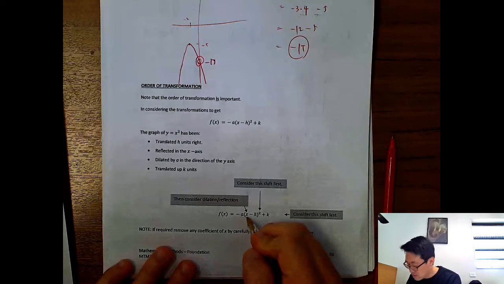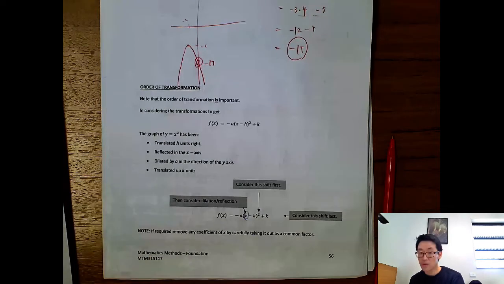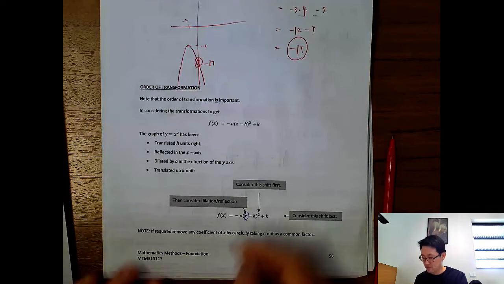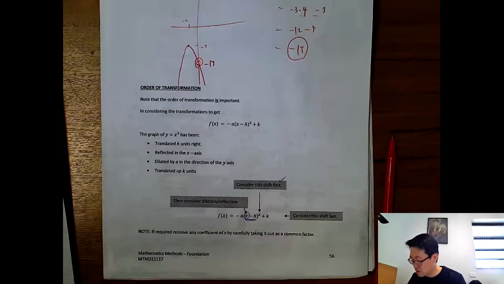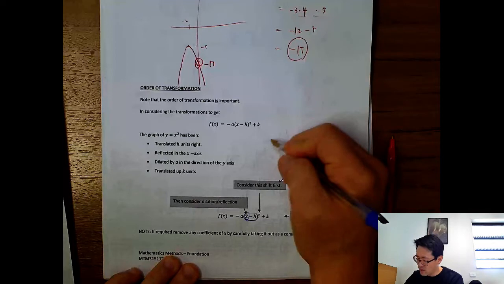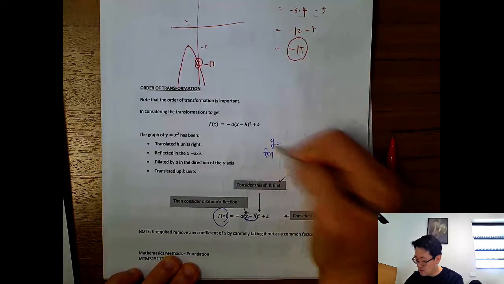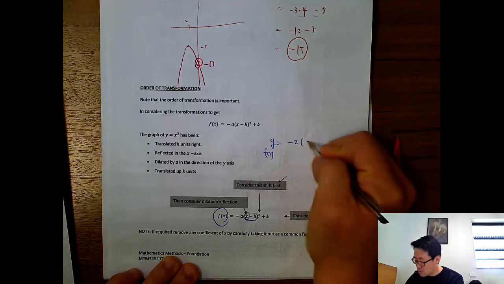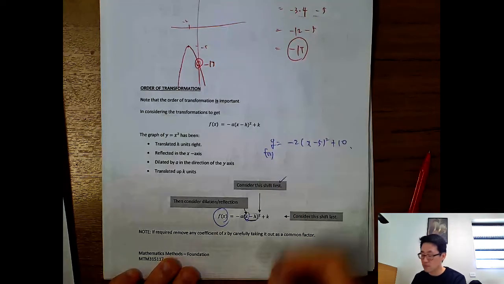In this case, from the x, because the basic form is y equals x squared, so you start from x. How much horizontally do they move? H. Yep. So you consider this shift first, and then, so I'll just write down y equals f(x), same as y equals minus 2 (x minus 5) squared plus 10. Let's deal with that. Yep.